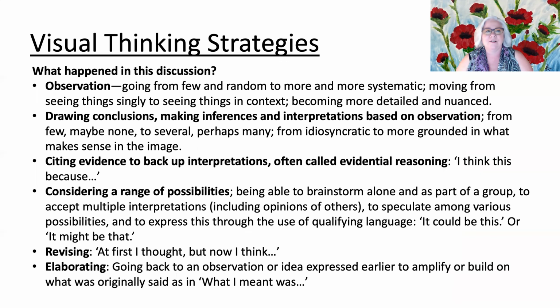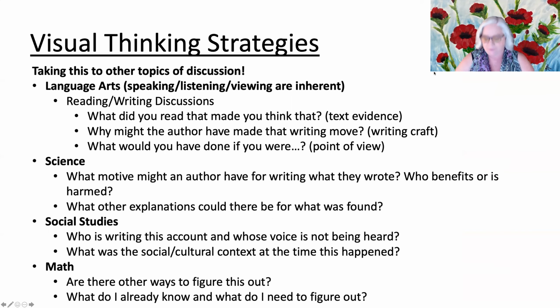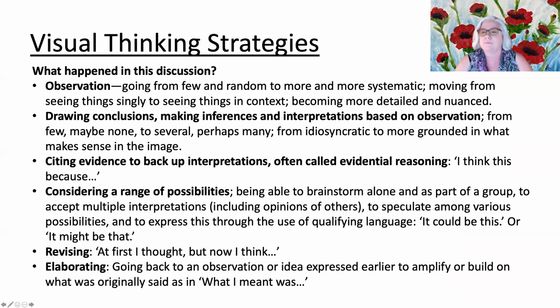Okay, so what happened in this discussion? I want to talk about these kinds of thinking that come out in these discussions. Observation: going from few and random to more systematic, moving from seeing things singly to seeing things in context, and becoming more detailed and nuanced as the conversation moved on.